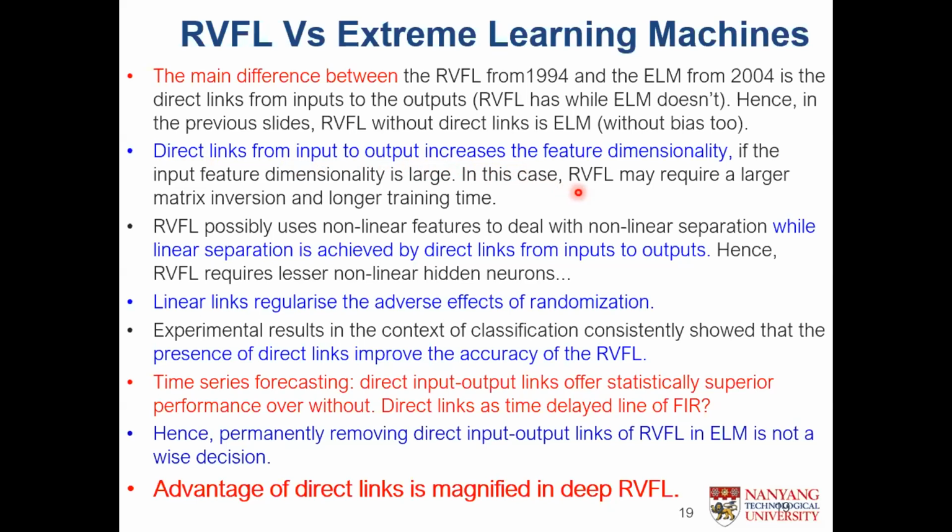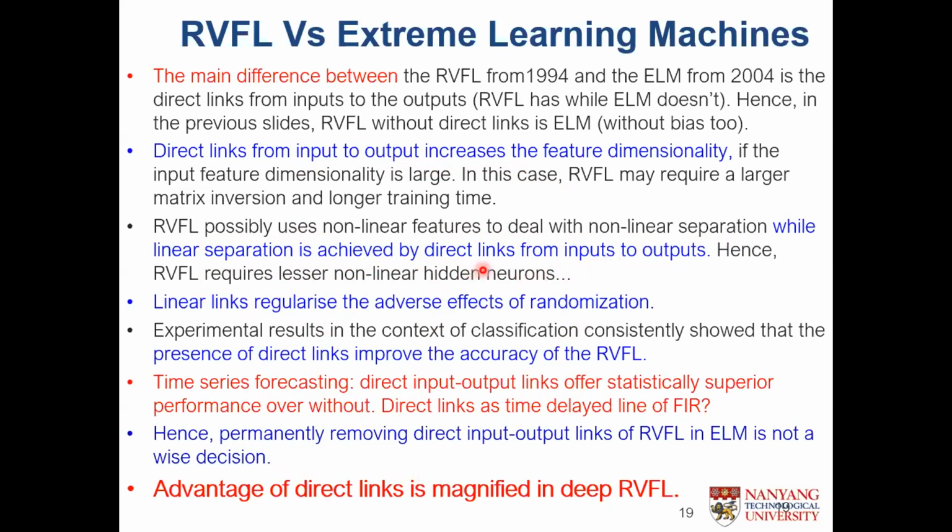But apart from that, what we found for other factors here, the direct links were very useful. So RVFL may be using nonlinear features to deal with nonlinear separability, while linear separation can be achieved by direct links.